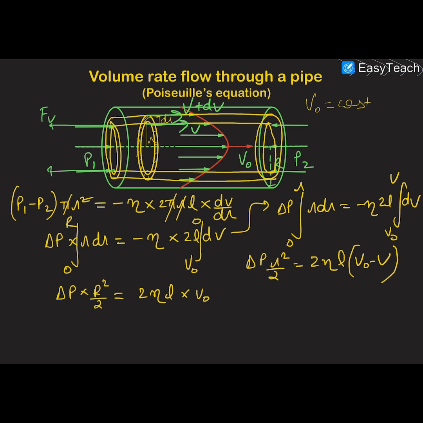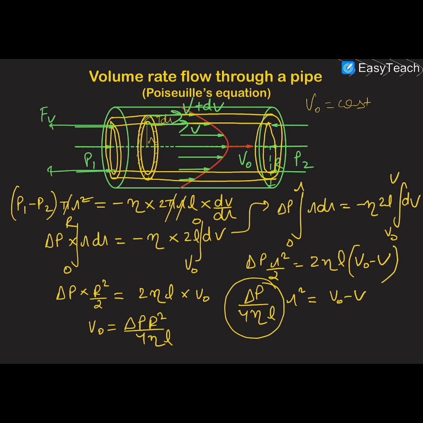And we also know that v0 is equal to delta P R square by 4 eta L. So we can substitute: delta P by 4 eta L into r square is equal to v0 minus v, and this value delta P by 4 eta L is v0 by R square.